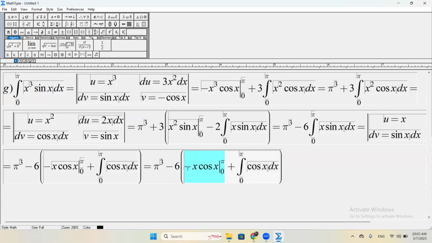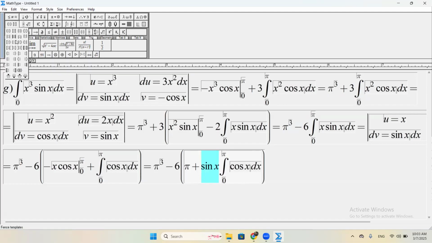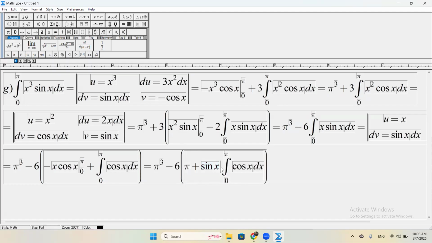So p, plus sine of x with substitutions from 0 to p. And this sine of x with substitutions from 0 to p will be equal to 0.